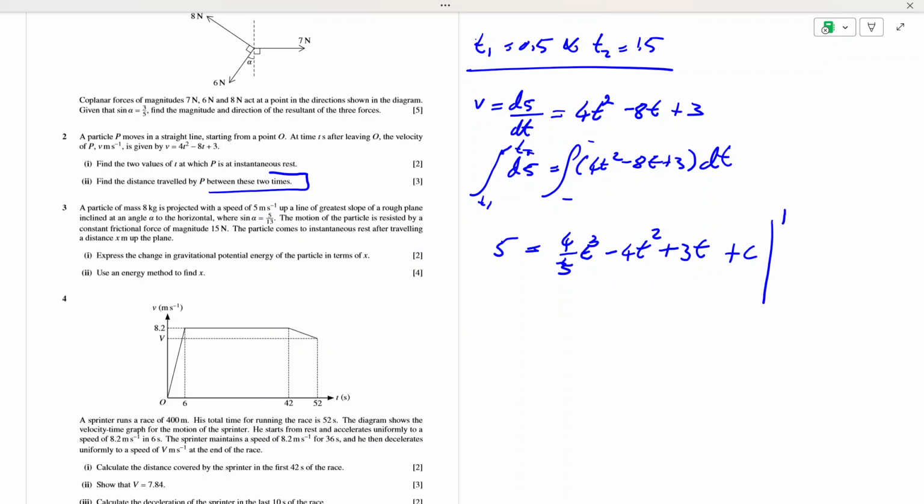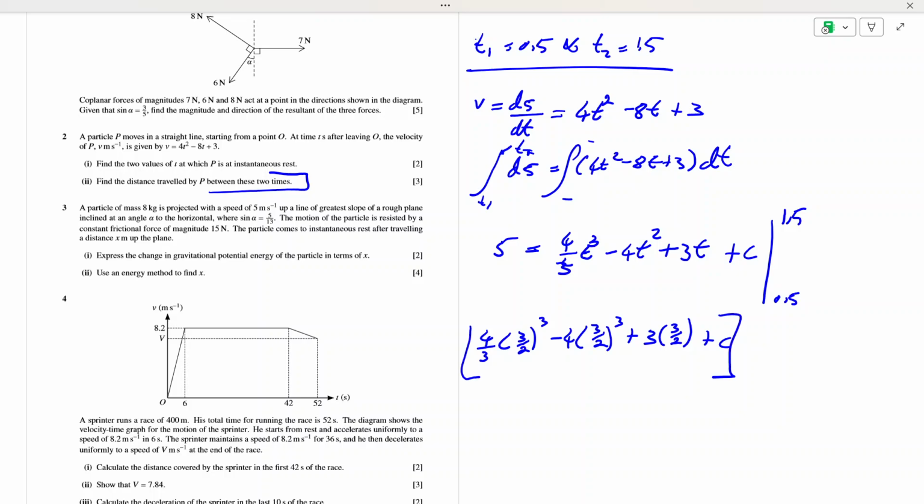Then the limits that I have are 1.5 and 0.5. When I plug them in, it's going to be 4 over 3 times 1.5. Actually, I'm going to write 1.5 as 3 over 2. Cubed, minus 4 times 3 over 2 squared, plus 3 times 3 over 2, and then plus our c. If you want, you can decide to ignore it.